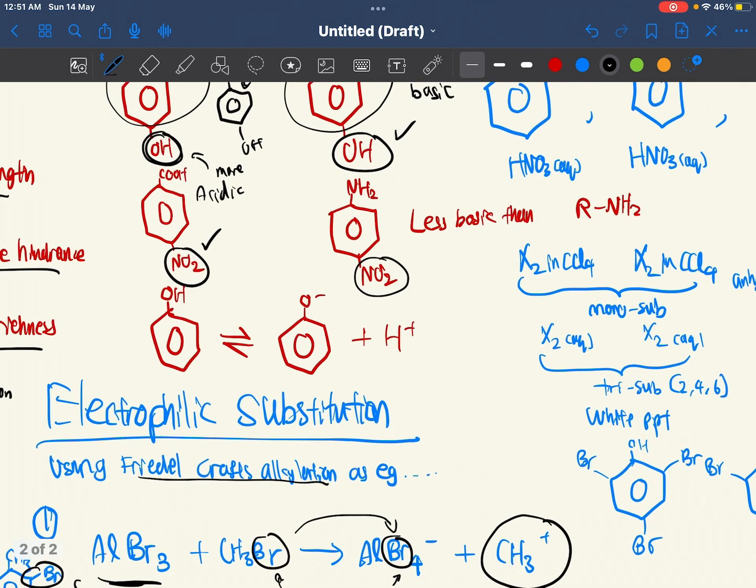One common thing that people possibly make errors on is thinking that this is the same as this. These are very different. This is called phenol and this is methanol. This methanol is an alcohol.